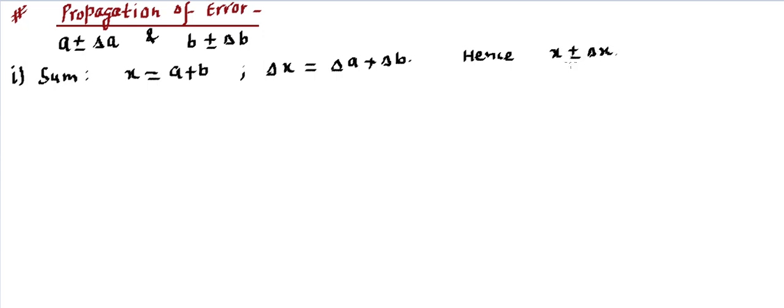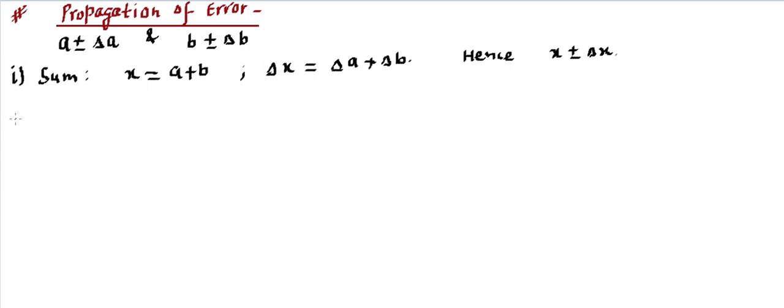This will be the answer for the sum of these two quantities which had errors in them. So the x value will simply be a plus b. In this operation we are not bothered about delta a and delta b, but then we need to find what delta x is. For that sake we write delta a and delta b, and we add them up to get this answer.